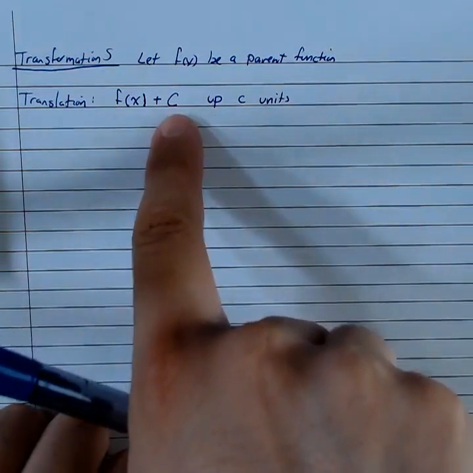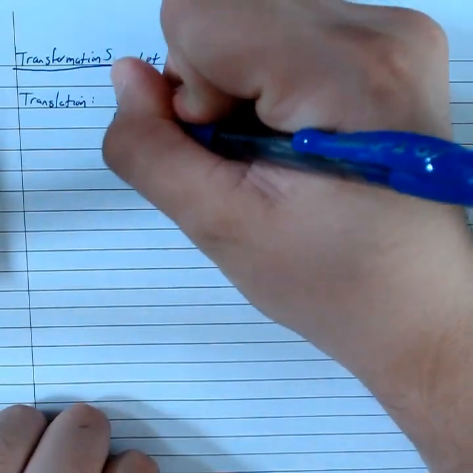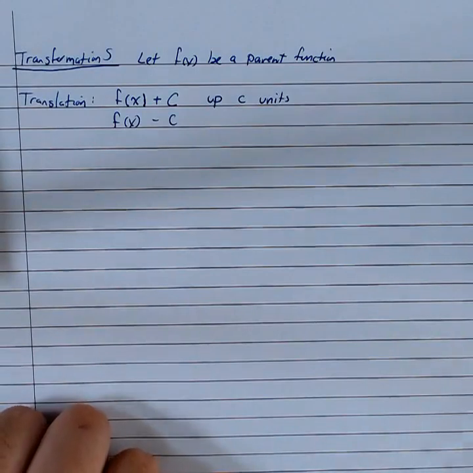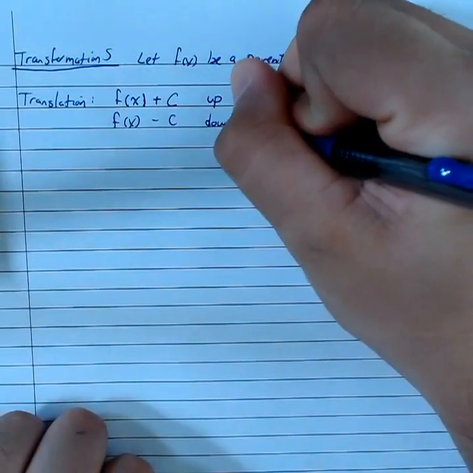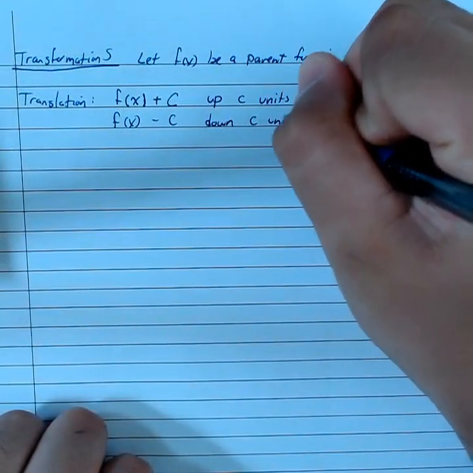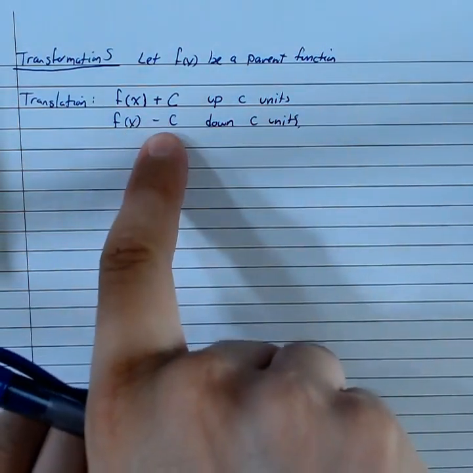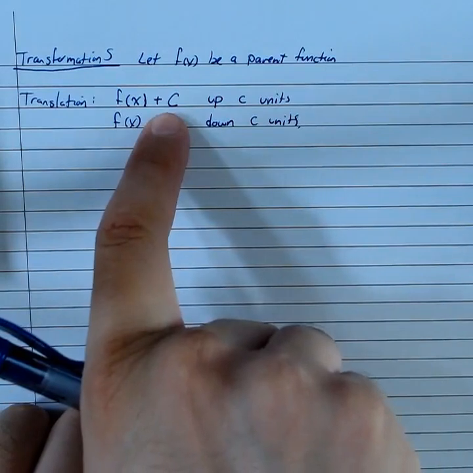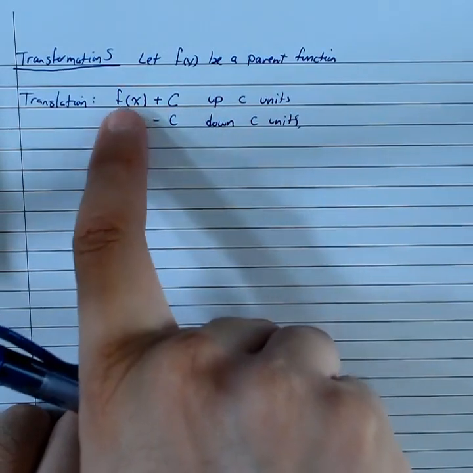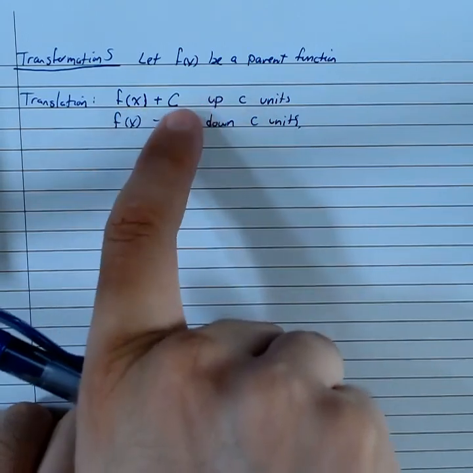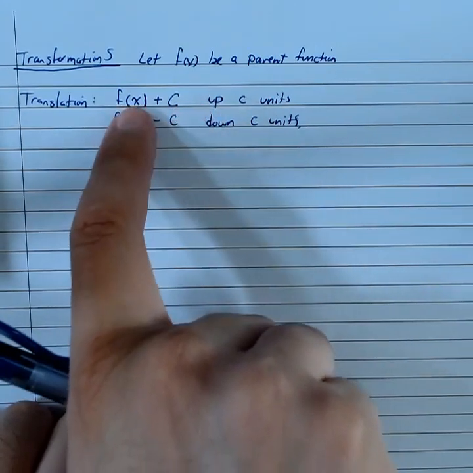Well, if adding moves things up, then it doesn't take much imagination to think, well, what is subtraction going to do? It's going to move things down. So this will move things down c units. Now, when you add or subtract, there's more than one place you can add or subtract. You can either add to the function as a whole, subtract to the function as a whole, or you can add to just the variable.